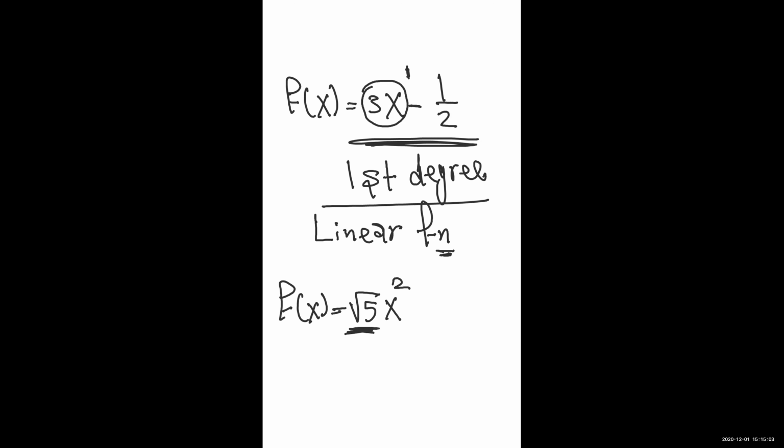So this one, square root of 5, x squared minus 3x plus 4. Now, where is x here? This one and this one. What is the highest power here? Actually, power of 2. So this one is at the second degree. So it's a quadratic function.